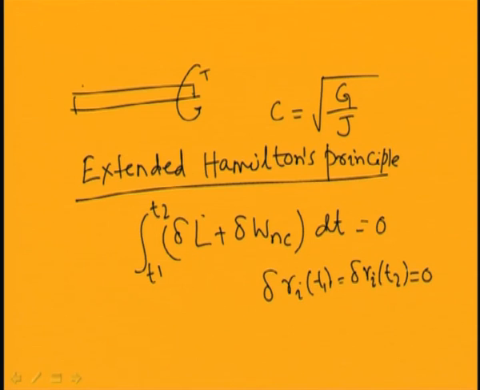In this expression, L is the Lagrangian of the system, where the Lagrangian can be written as T minus U. T is the kinetic energy of the system, U is the potential energy of the system, delta W NC is the virtual work done by the non-conservative forces, and t is the time.